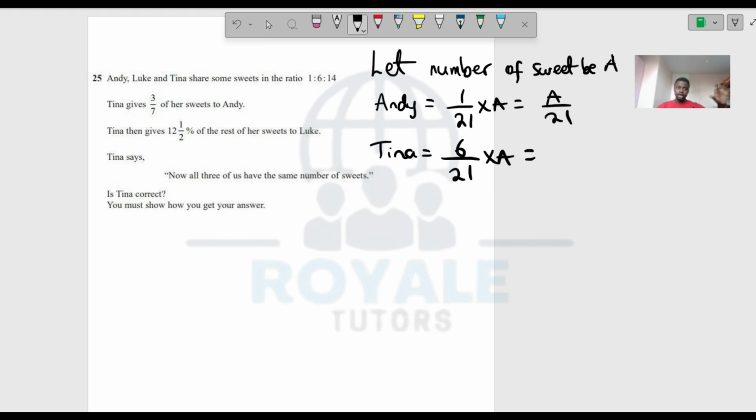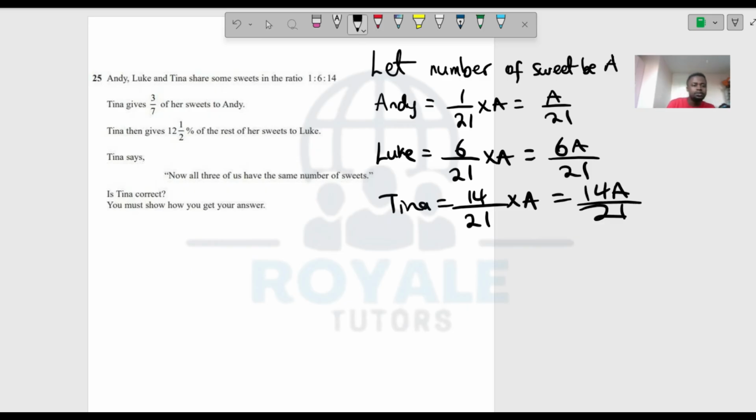One part of it is given to Andy. 6 parts of those 21 parts is given to Tina. Sorry, Luke. This is Luke. So why Luke got 14 parts of it. So 14 out of 21.